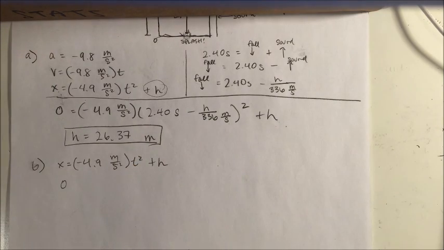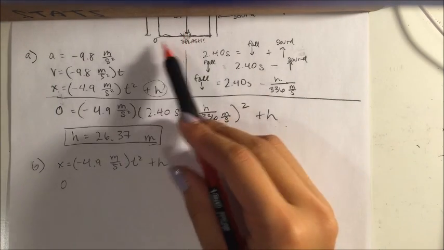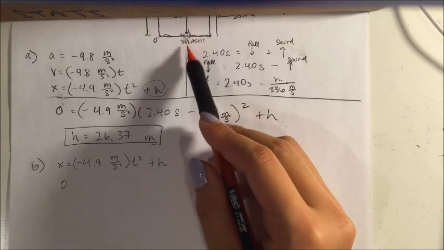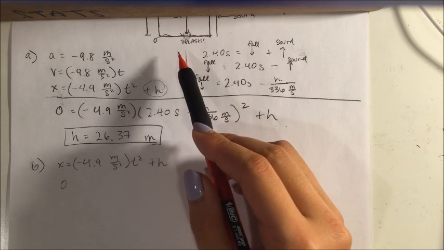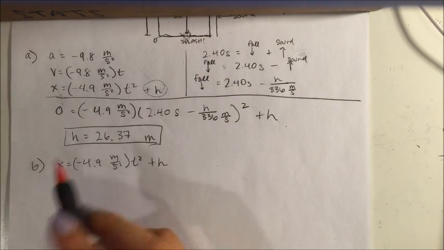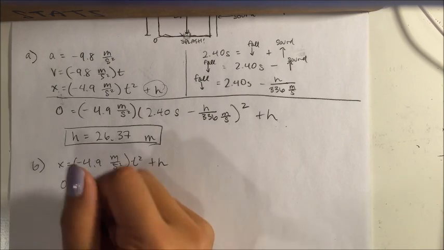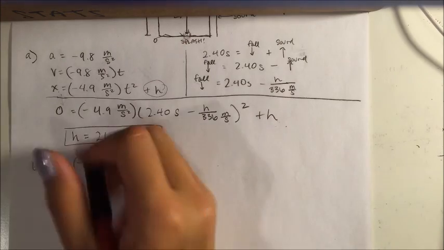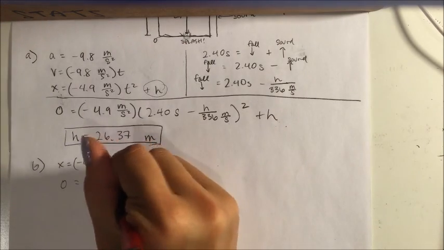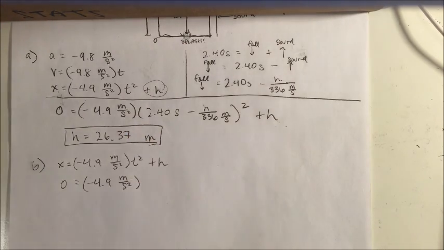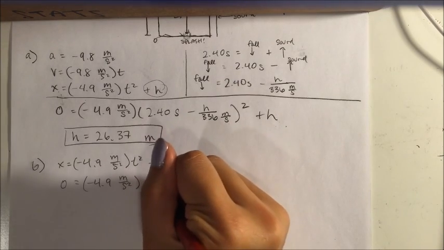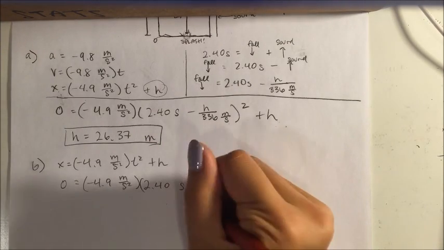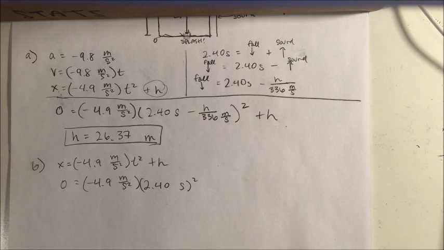So everything is going to stay the same because you still traveled all the way down to 0, but we're assuming that the sound is instantaneous, like you hear it instantly. No time is lost. So we're going to have that 0 at this time, and then we have our negative 4.9 meters per second squared. Our time in this case is going to be the full 2.40 seconds.